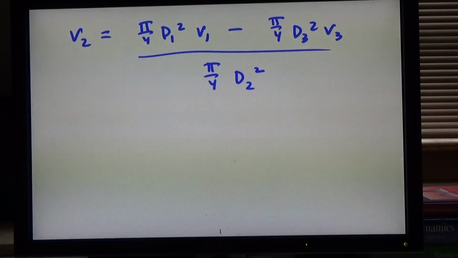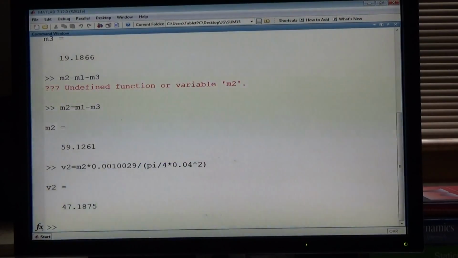So plugging all of this into the calculator, let's just check and make sure this gives us the same results. So V2 should be equal to, here we have pi over 4 times D1 squared, which is 0.1 squared, times velocity 1. Velocity 1 is 10 meters per second.